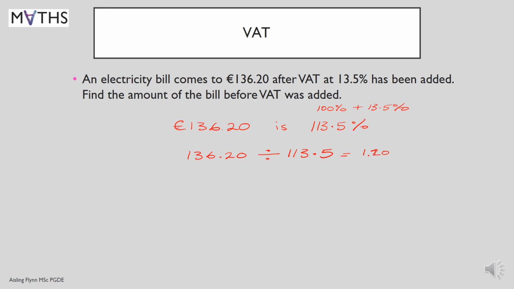Okay, that's what I get, and that is 1%. So we'll take 1%, €1.20, and scale it up by multiplying by 100, and we get €120 as 100%. So my answer is, before VAT, the amount was €120.